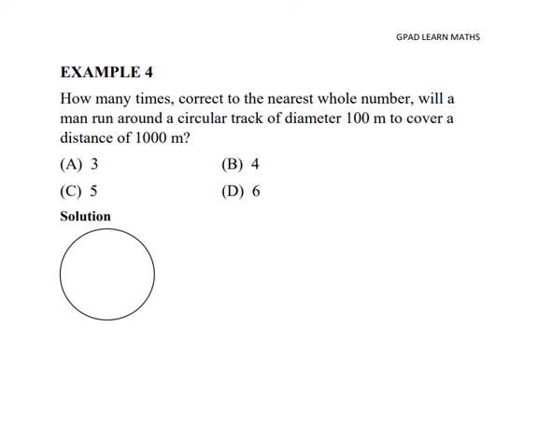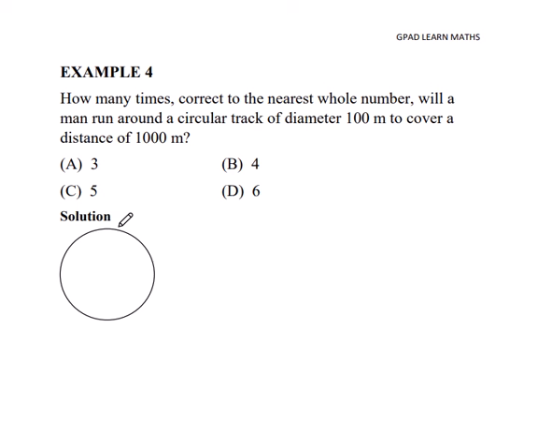Again, what I have to do here is to find the distance around this circular track, since I'm asked to find how many times this man would run around it. If he were to cover a distance of 1,000 meters, all I have to do is find the circumference of this circular track and then divide.